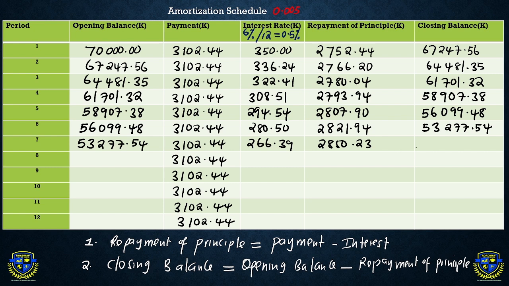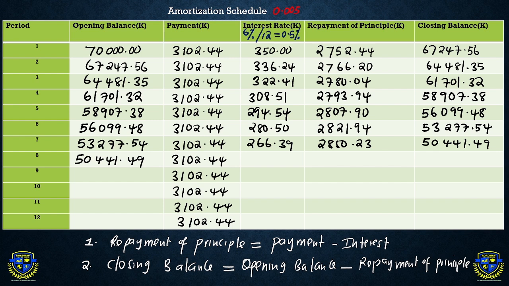It's going to give us a closing balance of 50,441.49. Okay, so your closing balance becomes the opening balance in period 8. Going to say 50,441.49.